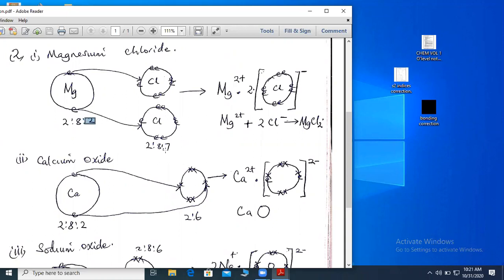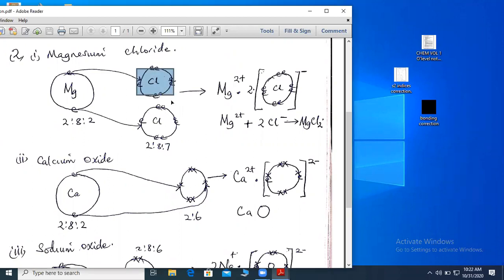So it means one chlorine atom has got to gain 1 electron in order for it to have 8 electrons in the outermost shell. So that's why we must draw another atom of chlorine, because each chlorine atom must gain only 1 electron. But magnesium has got to lose 2. So the other electron must also be lost and it should be gained by another chlorine atom.